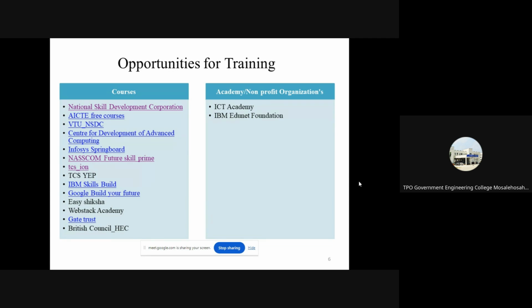And the last one is the British Council, in collaboration with the Higher Education Council of Karnataka. Last month we had a session where the British Council will be training our students in English through our placement and training offices. We had a one-day session and online sessions, where there will be an LMS linked to the already existing Karnataka LMS.